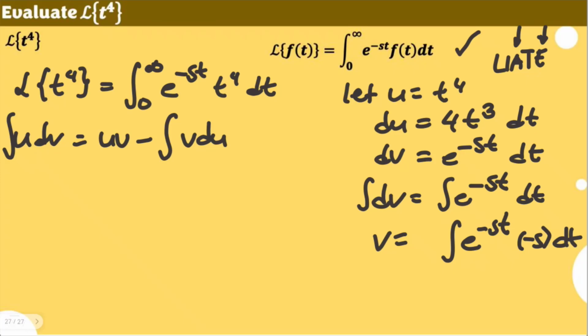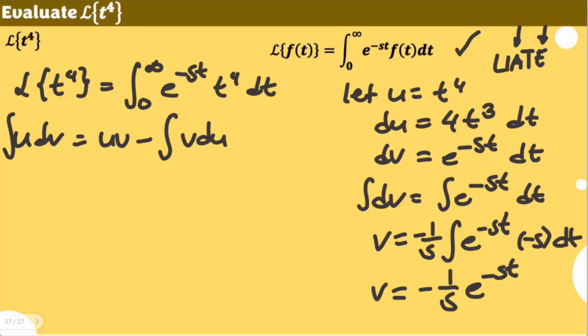To neutralize that, you multiply by 1 over s, or the negative of that, so that it is equal to 1 and we're not changing the actual form of the equation. So v is equal to negative 1 over s times e to the power of negative st plus c, but this time, let's just stick with that.